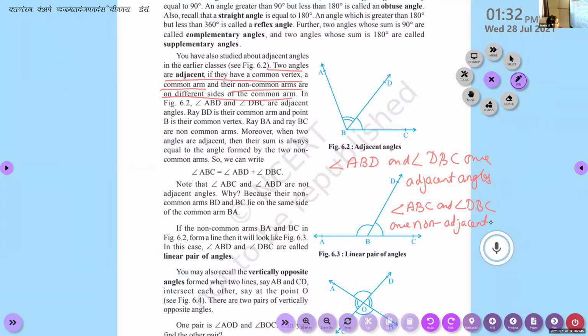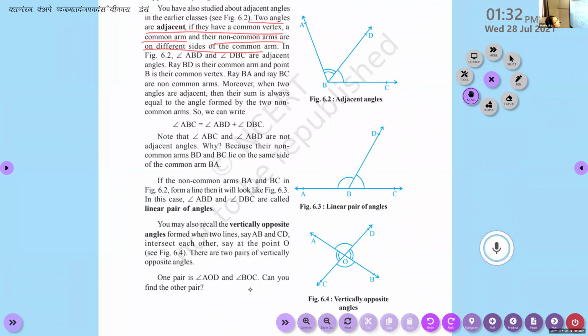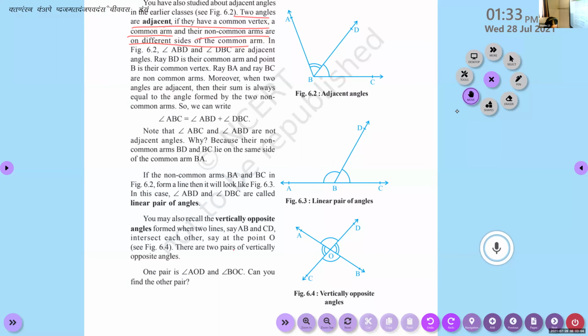Okay. Now, linear pair of angles. If a ray stands on a line, then the angles so formed are called linear pair of angles. You write that sentence.